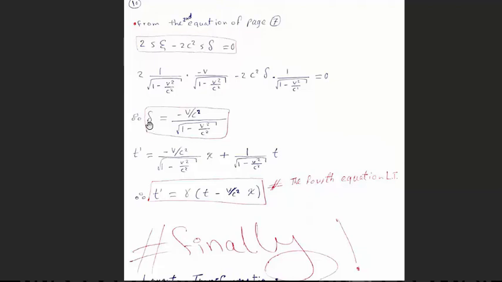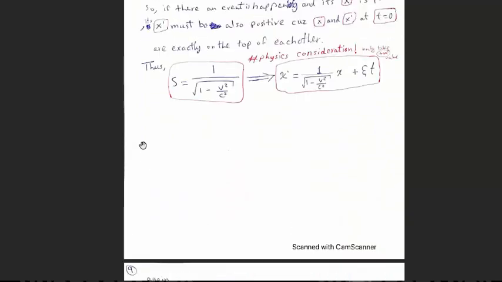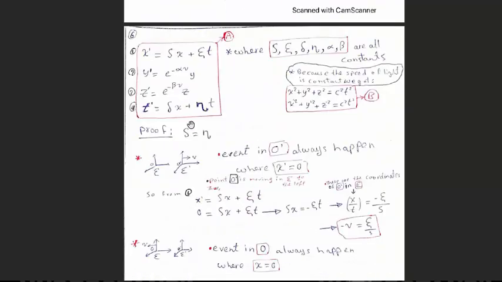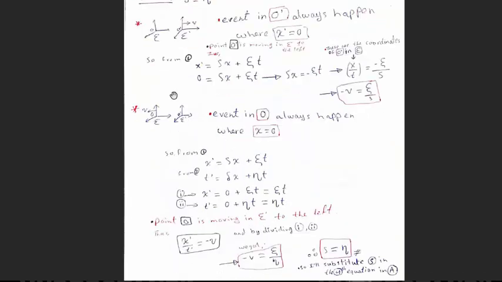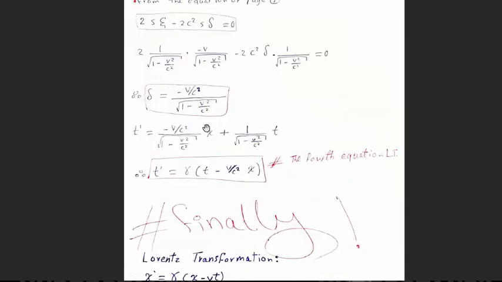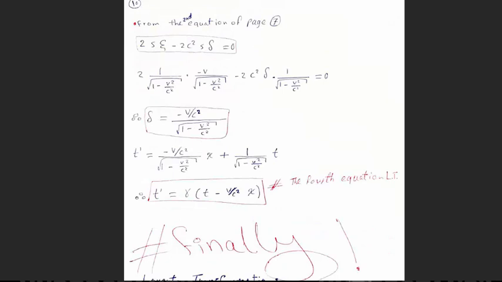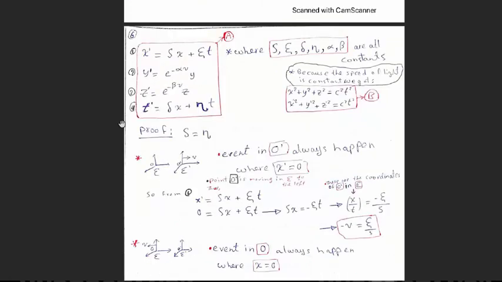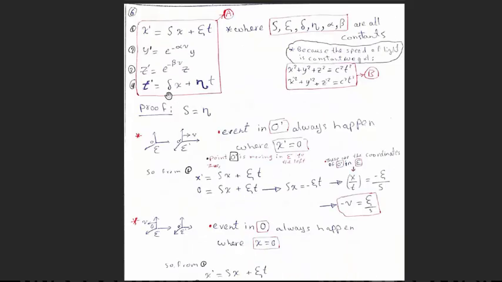So when we substitute this delta into the equation for t dash, t dash here equals delta, for which we got the new form.